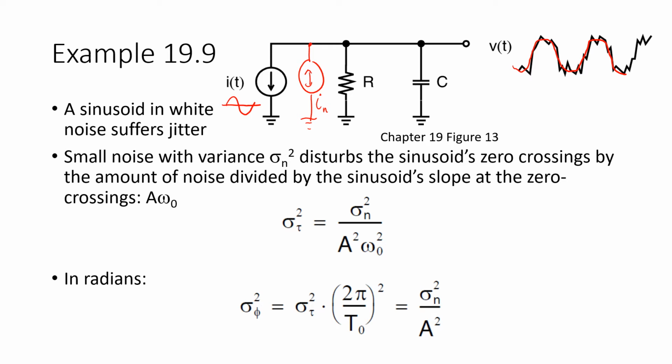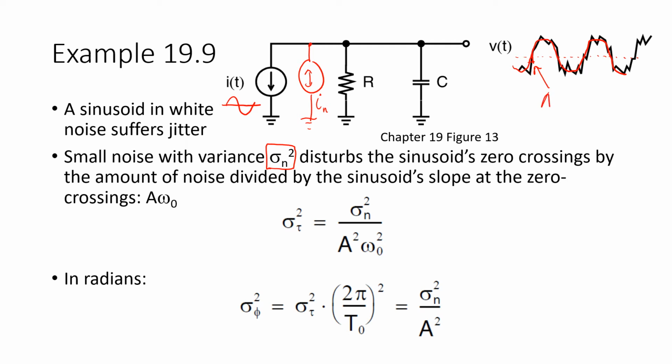Let's say that the voltage noise that appears at V has a variance, sigma n squared. It's going to disturb the sinusoid's zero crossings by an amount equal to the voltage noise that appears at any of the zero crossings divided by the sinusoid's slope at the zero crossings. Let's say the sinusoid has an amplitude A and a frequency omega naught.